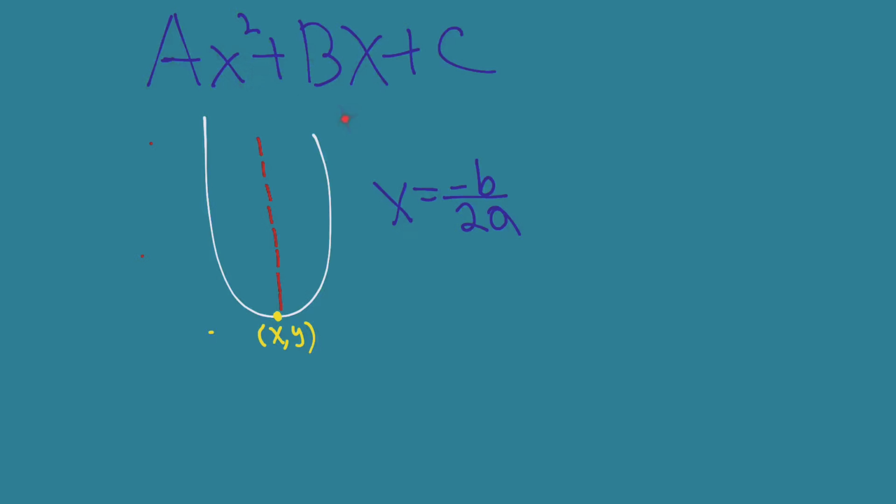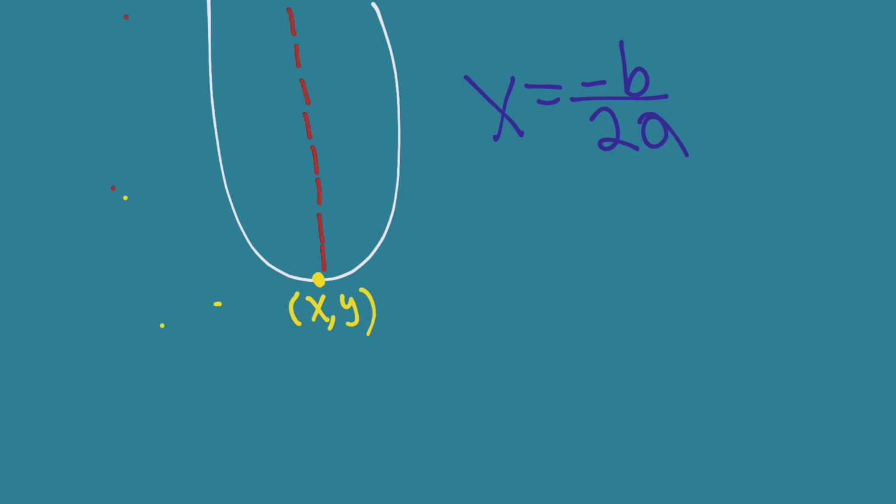We plug our a and our b in here. And then once we find this value, as you can see, x equals negative b over 2a is actually a special equation of a line. So we solve that, and whatever we get for x would be our axis of symmetry.